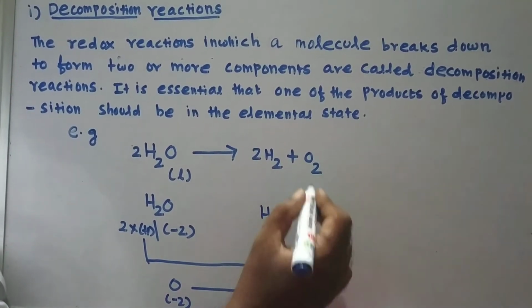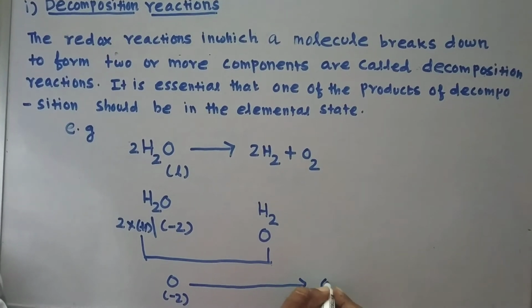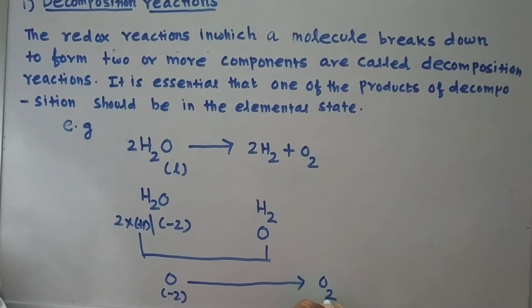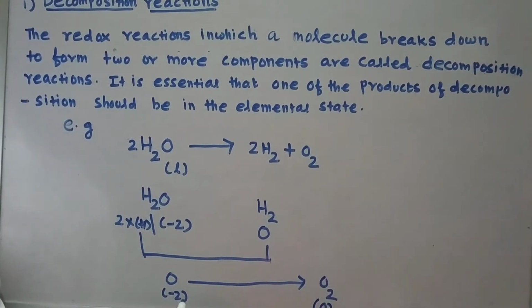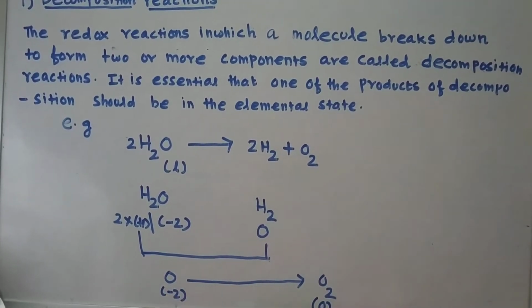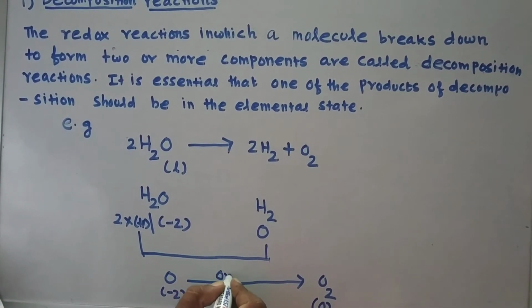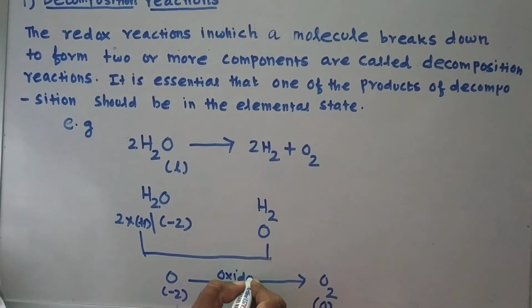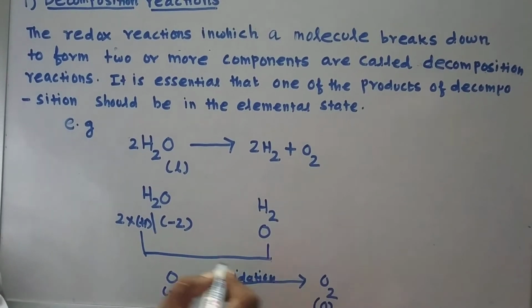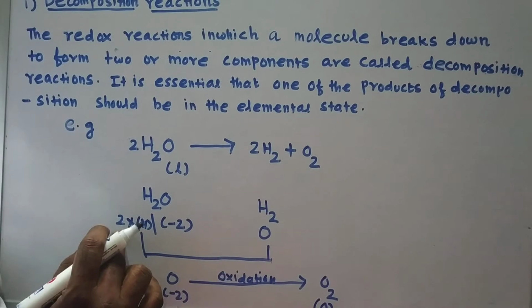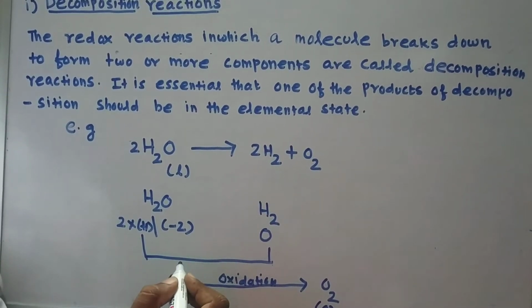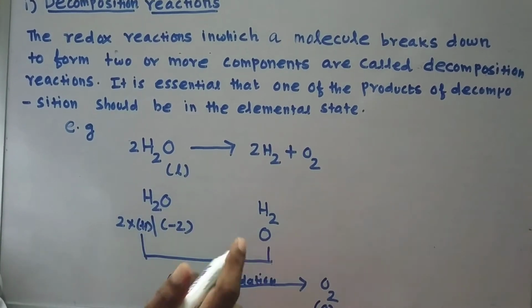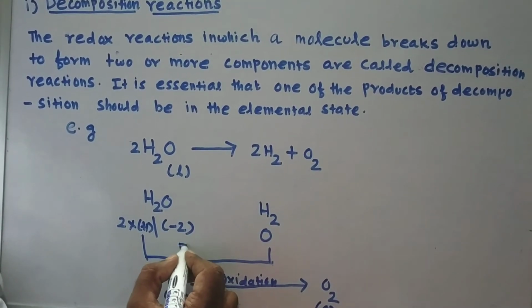Here, it is in the molecular state, where its oxidation state is equal to 0. Therefore, from -2 it becomes 0. Therefore, there is a loss of electrons. It's called oxidation. Here hydrogen gains 1 electron each, and from +1 it becomes 0. Therefore, it undergoes reduction.